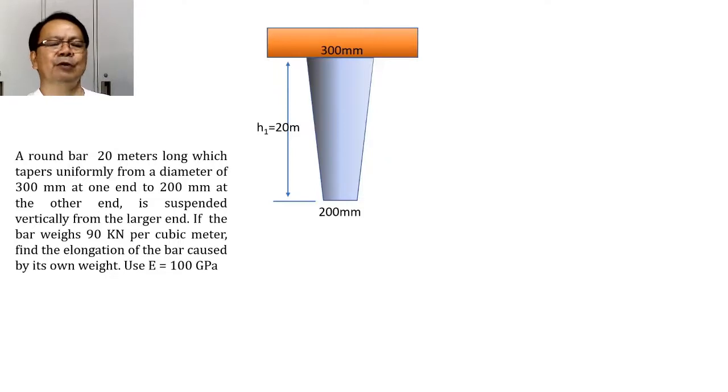And this is what I would like you to follow by determining the formula for finding the volume of the cone. Kasi mamaya in our discussion, bakit ko bibigyan ng emphasis yun? Kasi in the later part of this discussion, gagamitin natin yung formula for the volume of the cone.